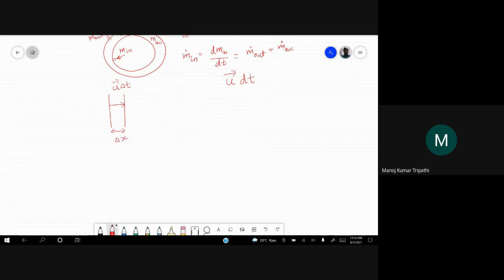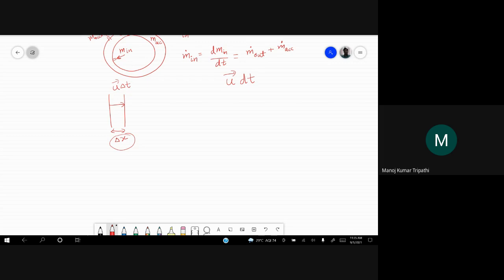Let's say you have velocity u in this direction. And so you know that in time delta t, it travels delta x. Then what will be delta x in terms of velocity and delta t? It has to be velocity times delta t, right? So speed times time is the distance.